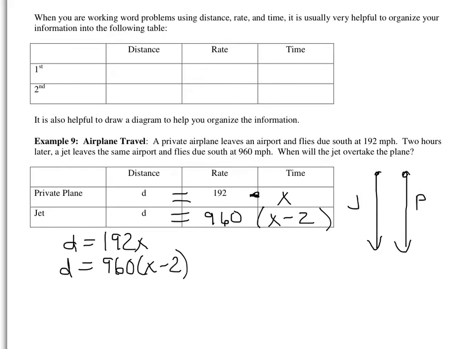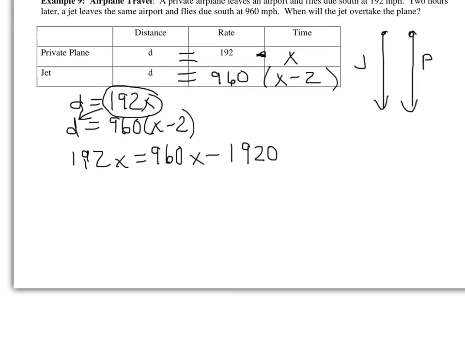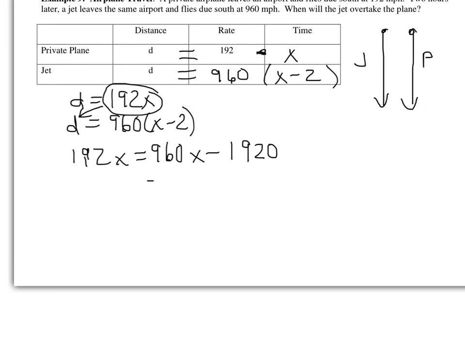Now notice that these distances are the same. D equals 192x. We can substitute 192x into the second equation in place of D. So we have 192x equals 960. Let's go ahead and multiply that out. X minus 2 gives 1920. We need to solve for x. Let's subtract 960x from both sides.